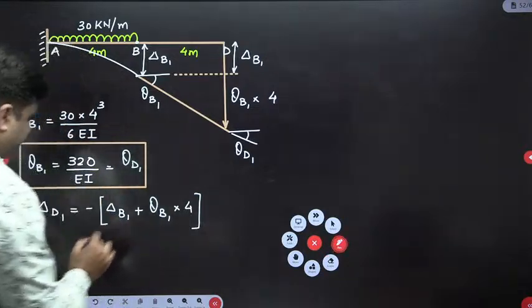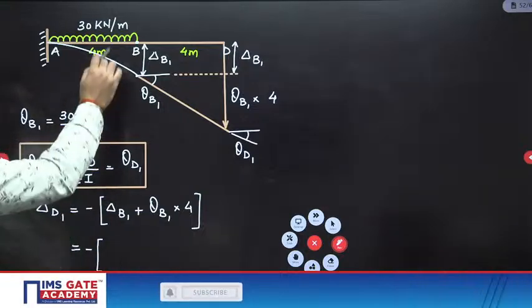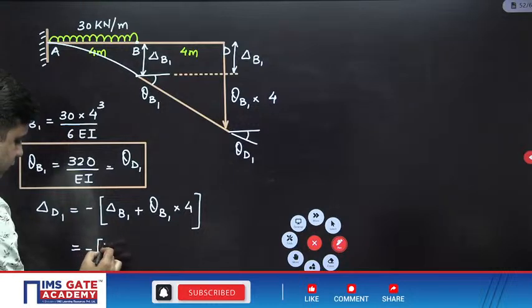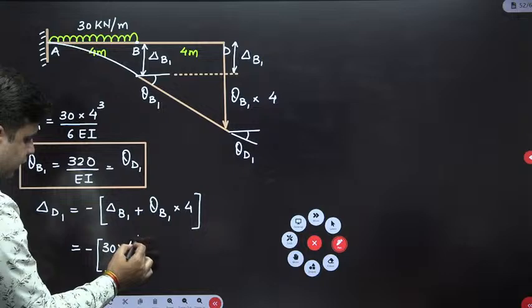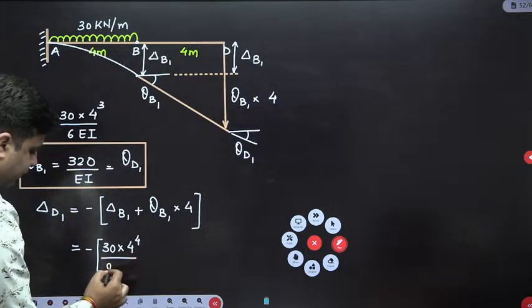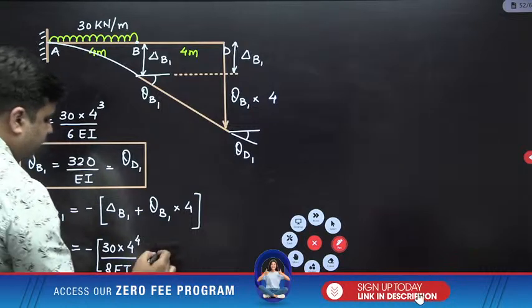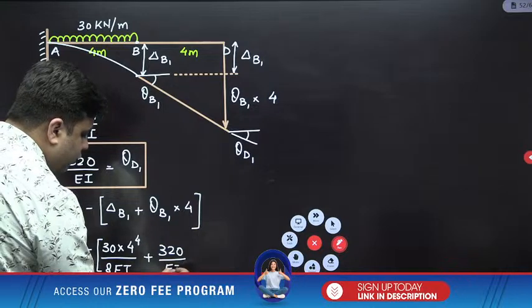So delta B1 is equal to WL raised power 4 upon 8 EI. So W is 30, L is 4. So 4 raised power 4 upon 8 EI plus theta B1. So theta B1 will be how much? 320 by EI into 4.